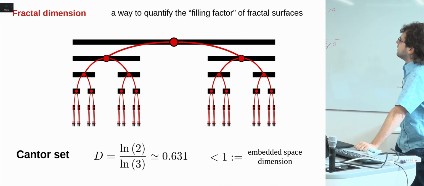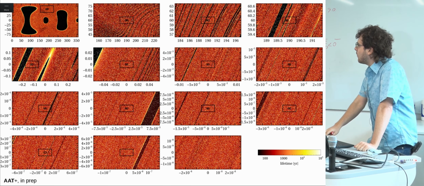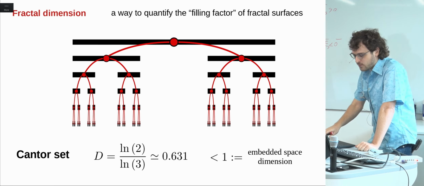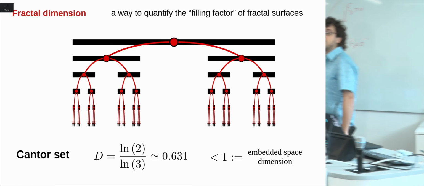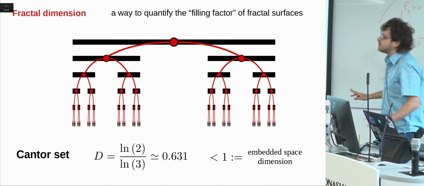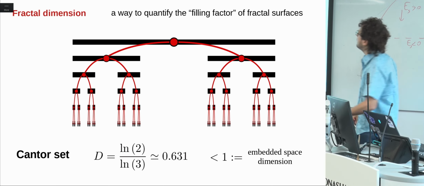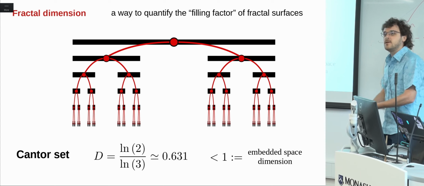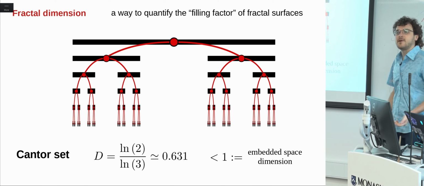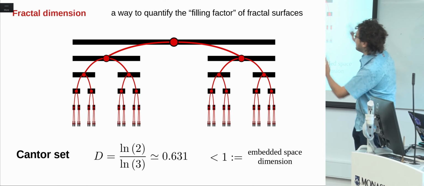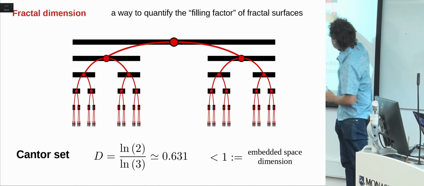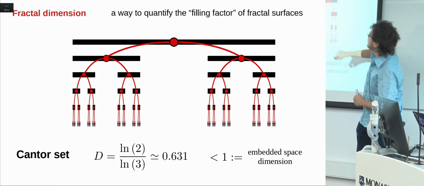And to be more quantitative and say that this is a fractal structure, we can actually measure the fractal dimension of our three-body problem. The fractal dimension is a way to quantify, let's say, the filling factor of fractal surfaces in their embedded phase space. For example, the Cantor set is one of the simplest fractals that you can think of. You take a line segment, you remove the open middle set, and then you take the other two segments and also remove the middle one.